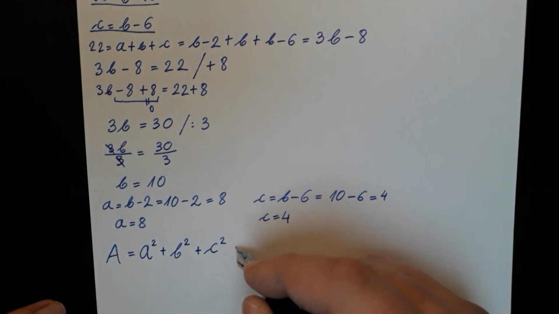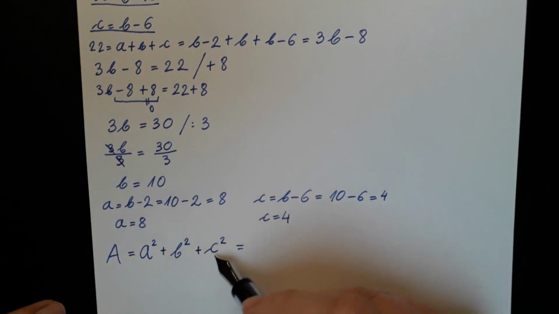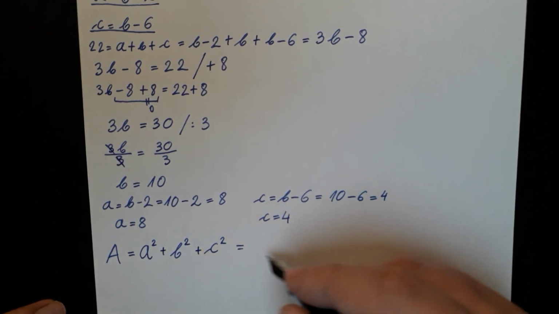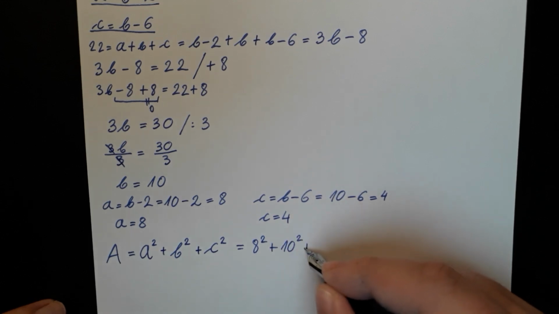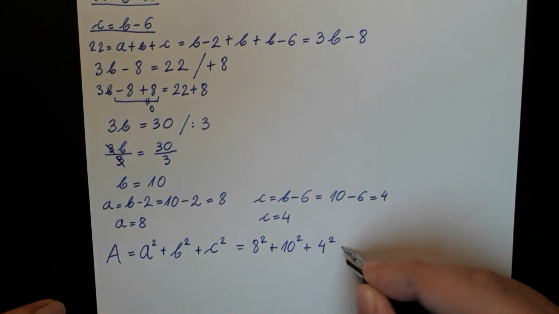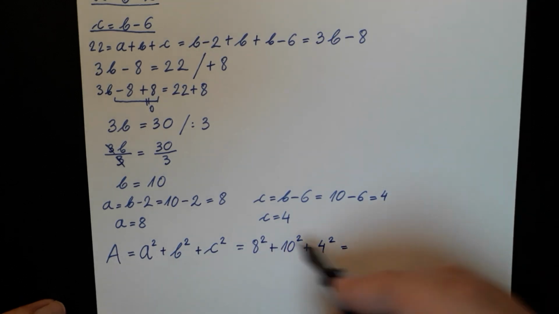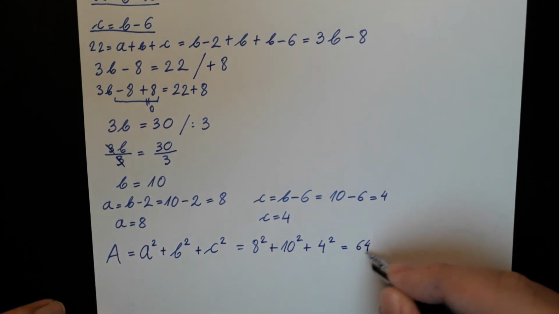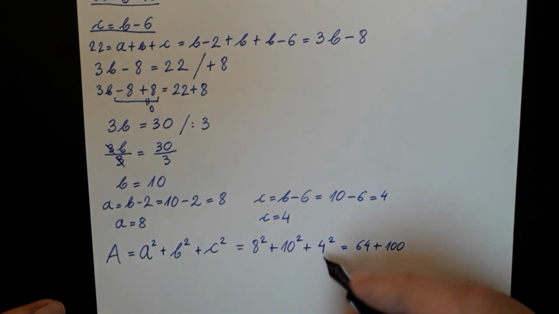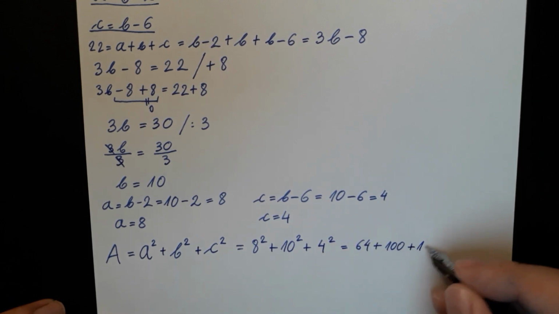Now we are going to put in the values for a, b, and c, which we have obtained. So we have 8 squared plus 10 squared, and finally plus 4 squared. 8 squared is equal to 64, 10 squared is equal to 100, and 4 squared is equal to 16.